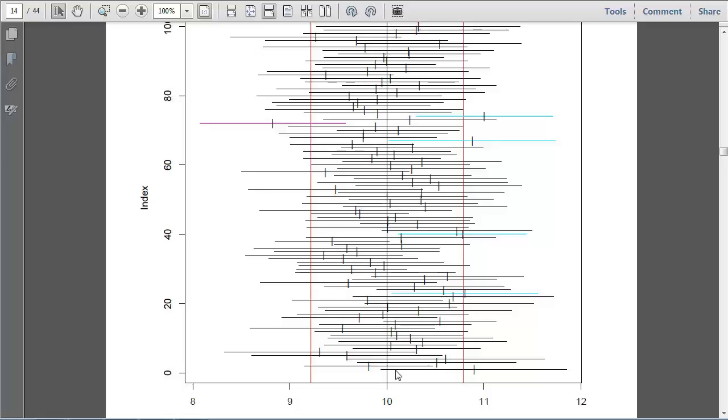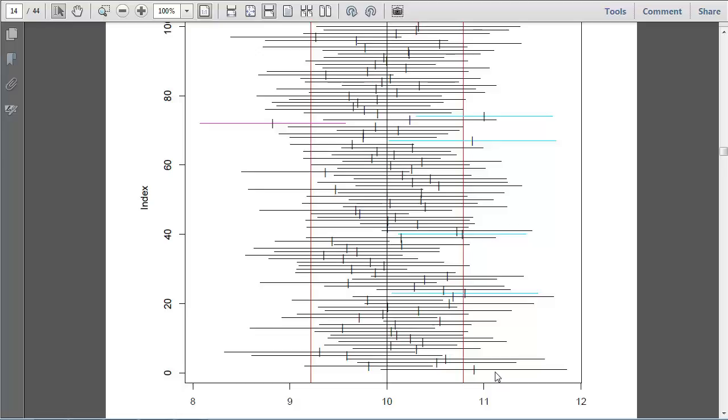And I have drawn for each sample, so this bottom one, the mean is almost 11, and the confidence interval goes from just below 10 to almost 12. And that interval contains the true value, 10. So in that case, I got it right.